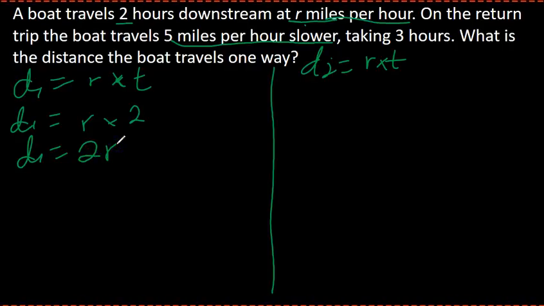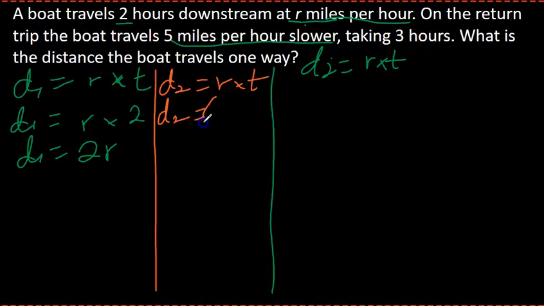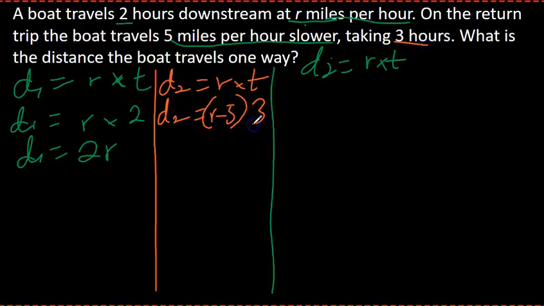We keep it there for now, and we can go ahead and do this here also. d2 is r times t. The distance coming back, the return: it kept the same rate as at the beginning, minus 5. So the rate is going to be r -5, because it has 5 less than before, times the time it took, which is 3 hours. So times 3.